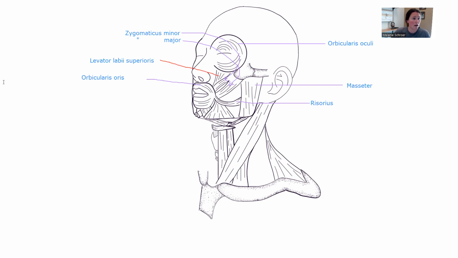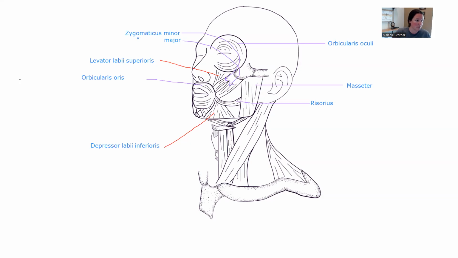Okay. On the other side, so kind of the antagonist muscle here, this is the depressor, right? It's going to depress. What is it depressing? The labii. Which one? Inferioris. Depressor labii.